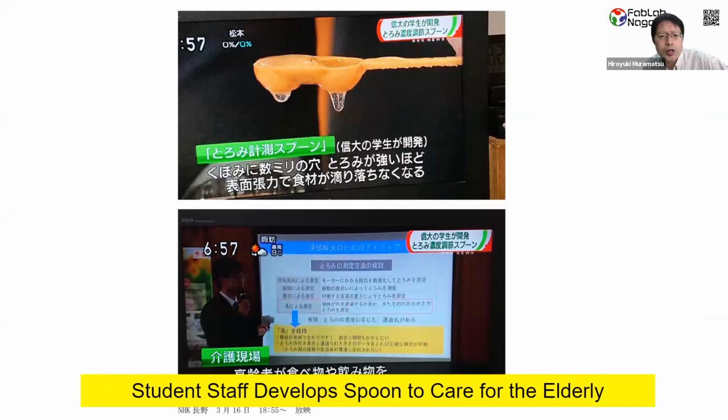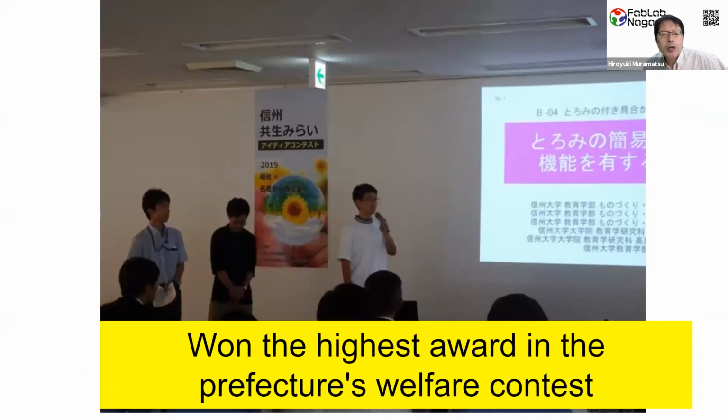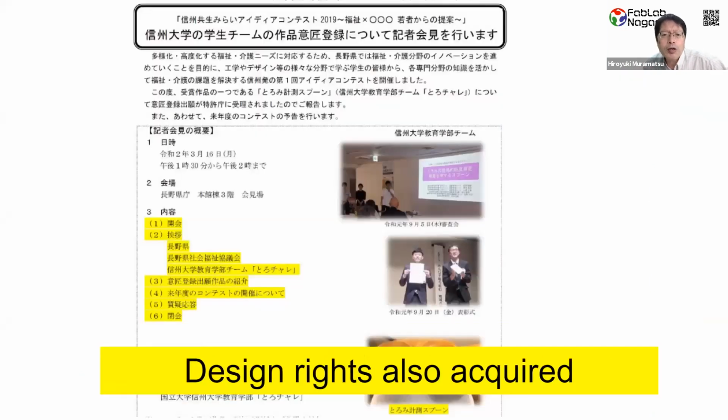So students developed very useful spoons for care for the elderly. So won the highest award in the welfare contest. Digital light, design light gets.